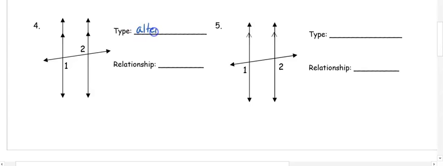So these are going to be alternate interior angles, which are going to be congruent. And in number five, we have two angles that are on the same side of the transversal and outside the lines. So these are going to be same side exterior angles, and those are going to be supplementary.